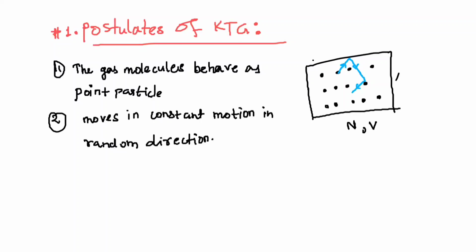The third point is, as you can see, when these gas molecules move, there is a chance of a gas molecule colliding with another gas molecule as well as with the container.